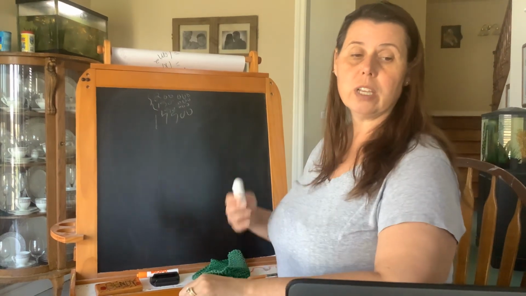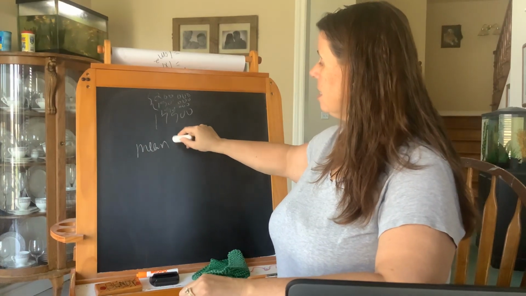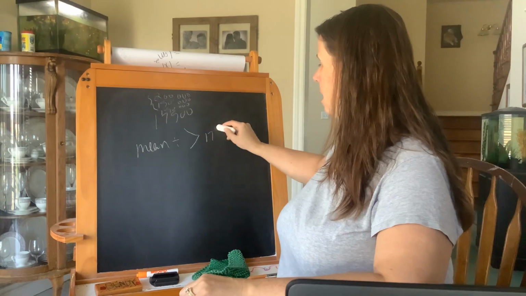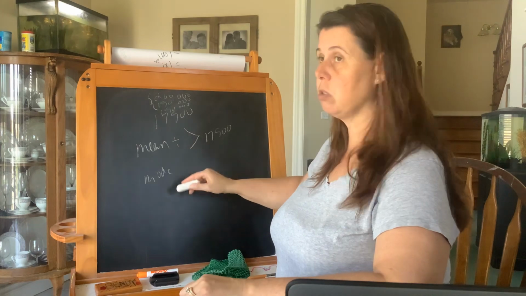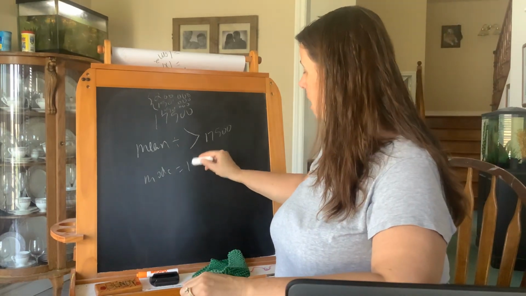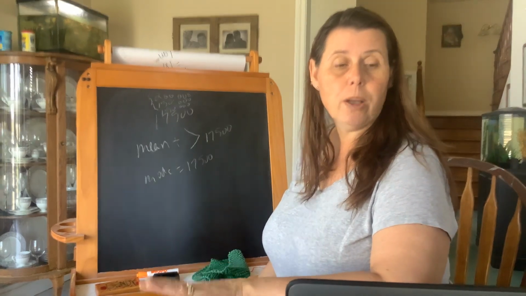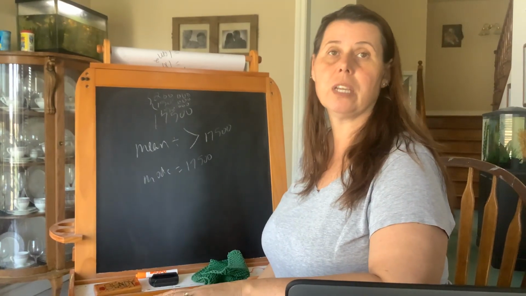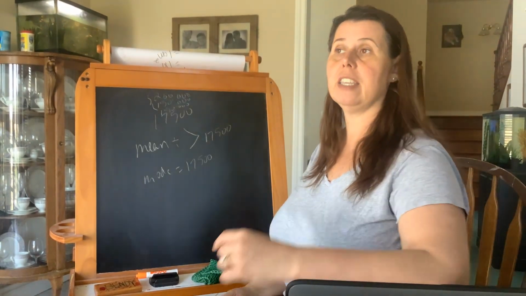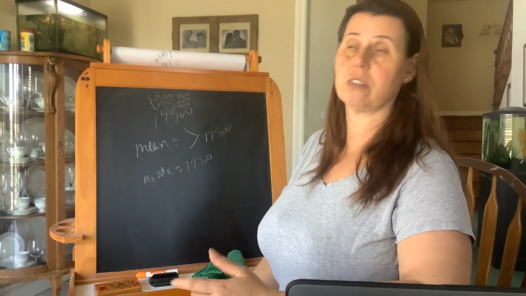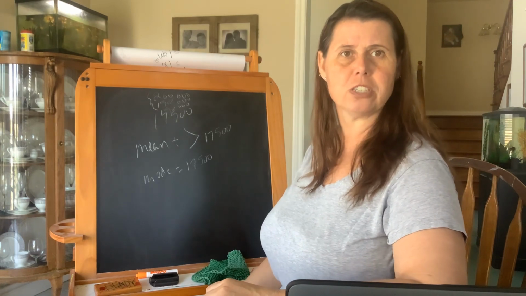Okay, so our mean is going to be significantly greater than 17,500. But the mode, which is the most frequently occurring, is 17,500. So it says, what better reflects the salaries in the company? If you were applying for a job and it said that the average salary in our company is $40,000 or whatever it is, you go, yeah, I want to make $40,000.